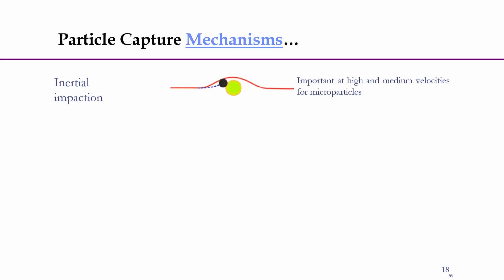Now, the particle capture mechanisms, that is inertial impaction. If you see from the figure here, fiber surface and particle moving at high speed with a higher inertia, and it will strike the fiber surface.